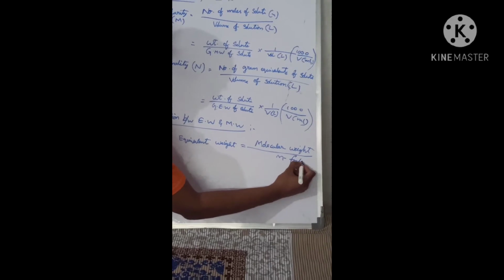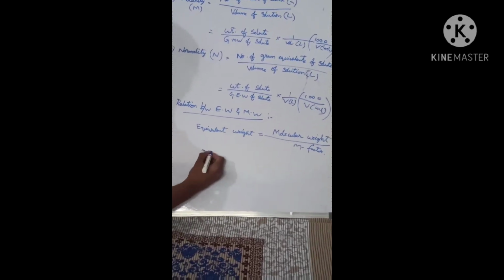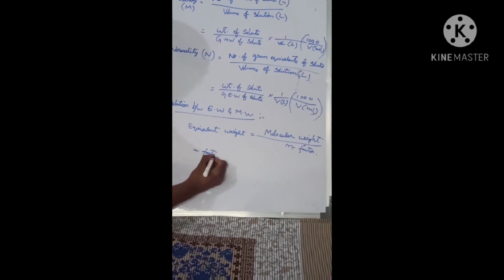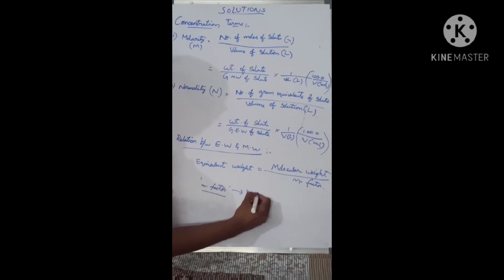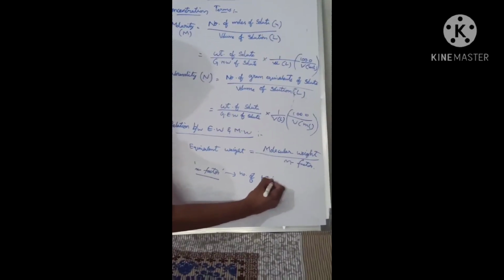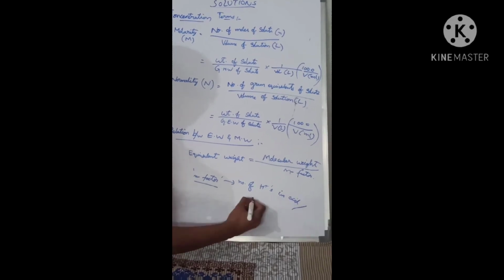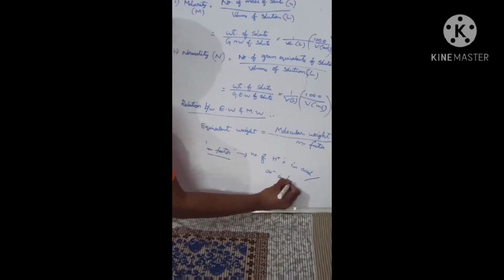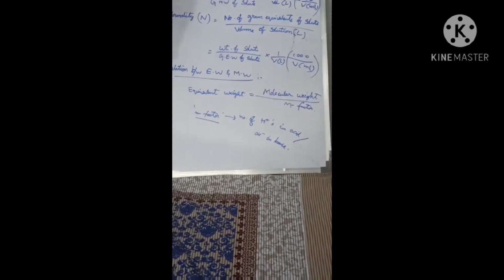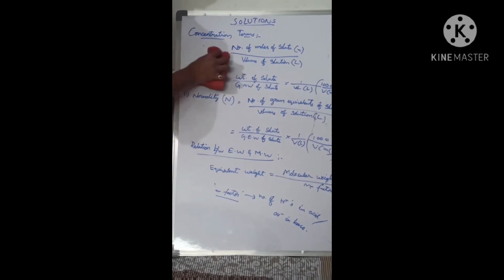The n factor can be determined by the number of H plus in an acid or the number of OH minus in a base.